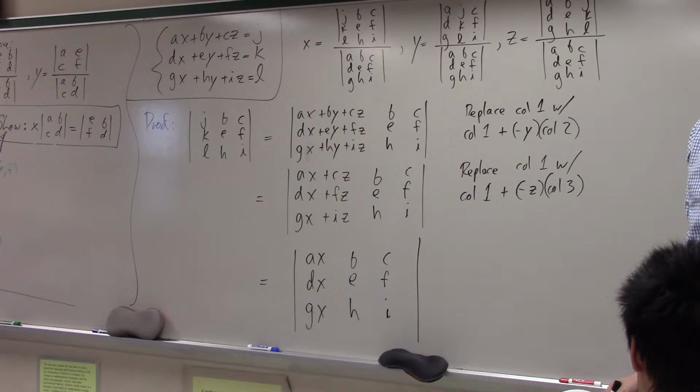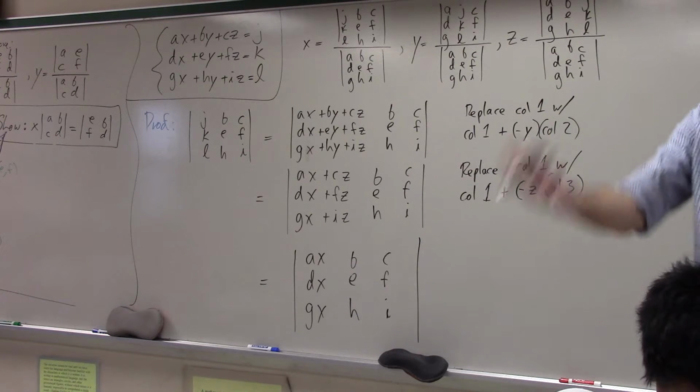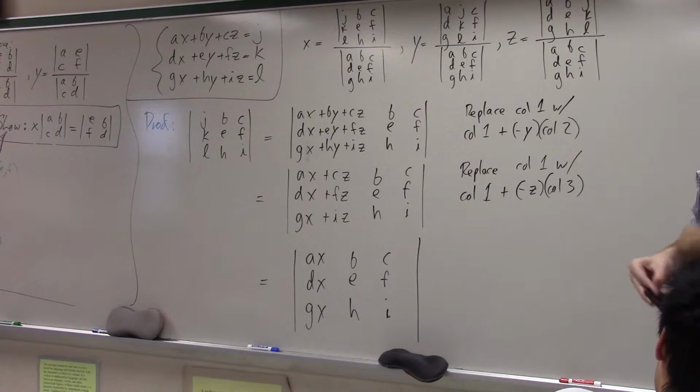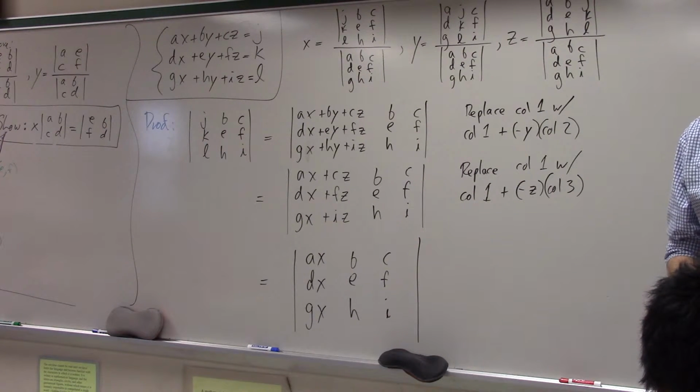So everyone see how we got that? Okay, final step. One more property of the determinant. What's the other? Yeah, Fausto. You multiply by 1 over x.